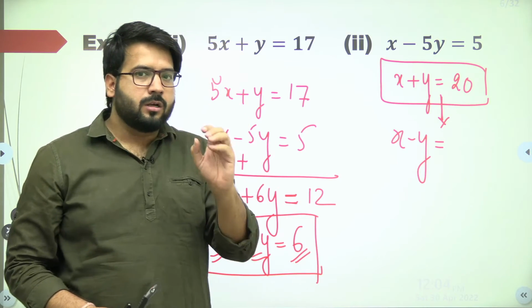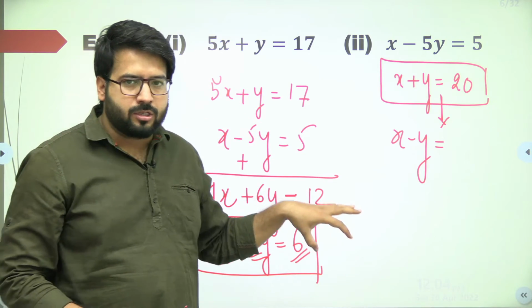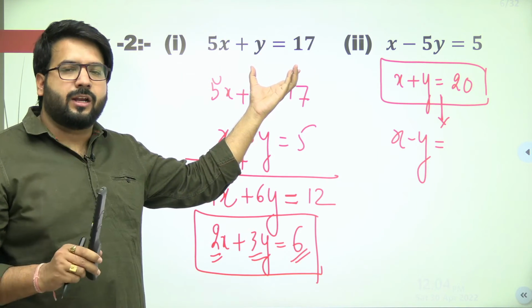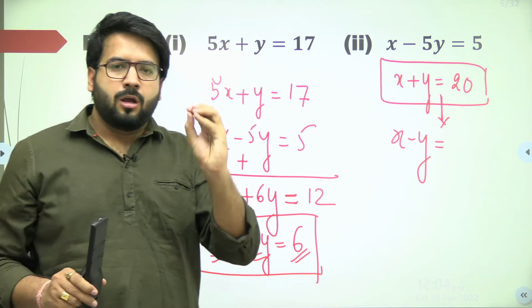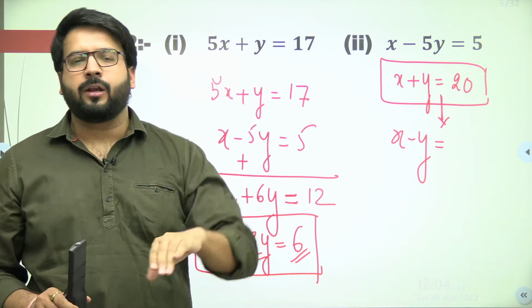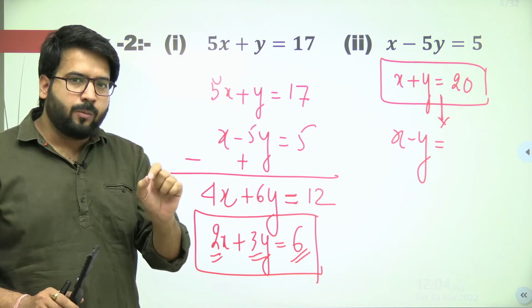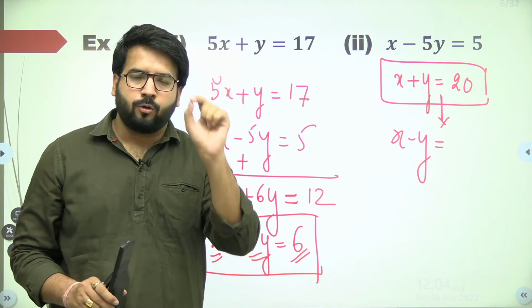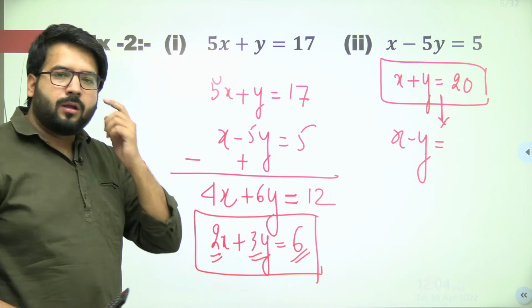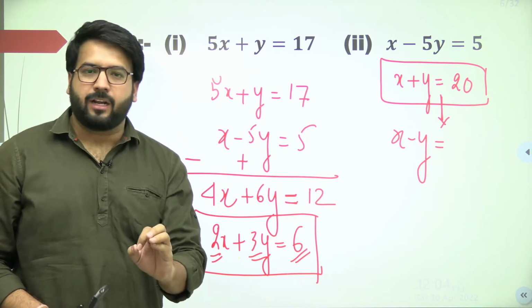So first, what I want to tell you about these equations, in which coefficients are interchanged, is that you always solve them by adding or by subtracting the equations. But at the time of adding or subtracting, you have to remember that the relation shouldn't become positive. It should be negative. Why?